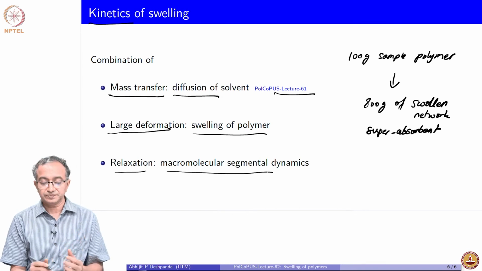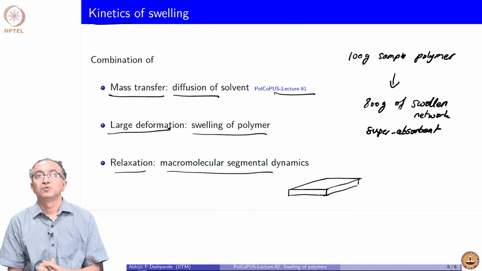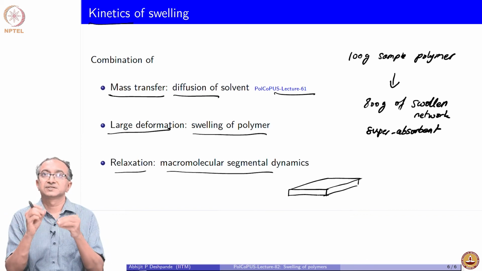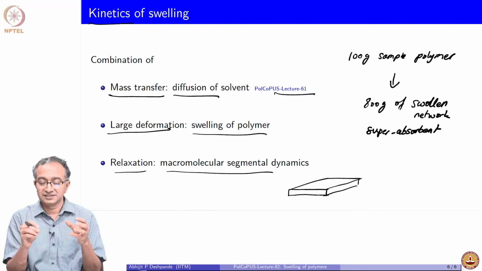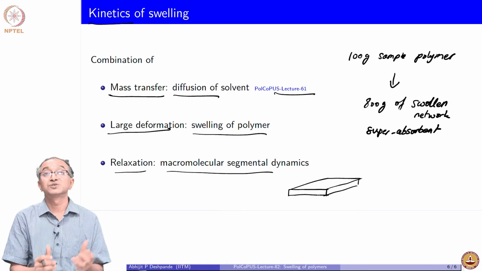In fact, this can be also utilized for generating different types of applications, because if you have a very thin film of polymer, and let us say if it starts swelling, what happens is some places solvent molecule can go in where swelling can happen, and some other places if swelling is not that fast, then this film can start wrinkling. So, you can achieve different types of shapes by doing swelling.